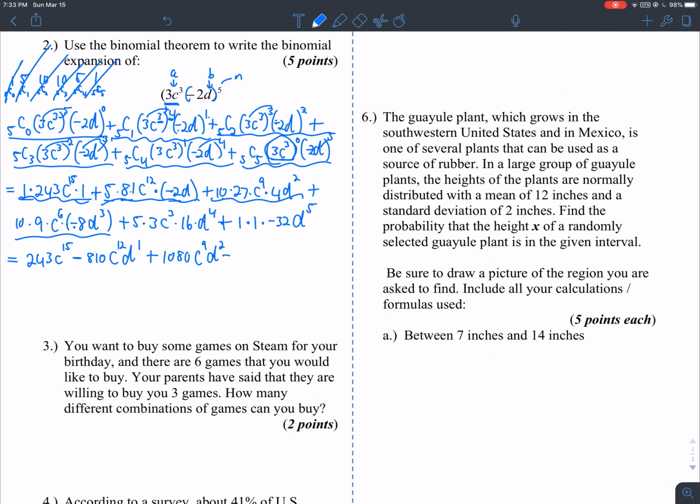And now I'm multiplying 10 times 9 times 8. And if you do all that, you get 720. C to the 6th and d to the 3rd. Okay, and then this one, all of those are positive, so I'm going to get a plus, and then 5 times 3 is 15 times 16, so I get 240.